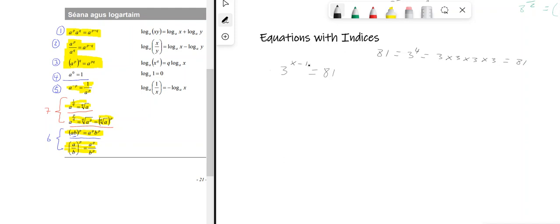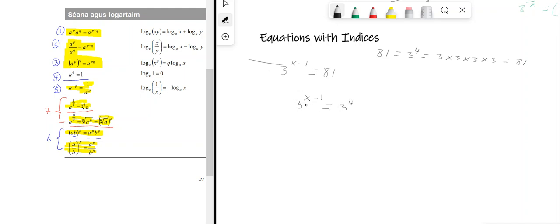Okay, so we can write this side as a power of 3. So 3 to the power of x minus 1 is equal to 3 to the power of 4.